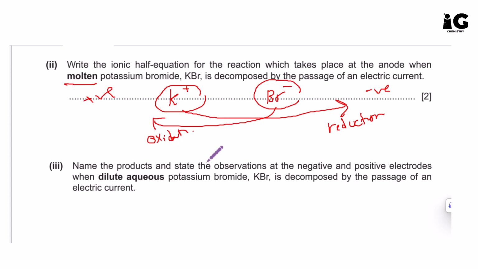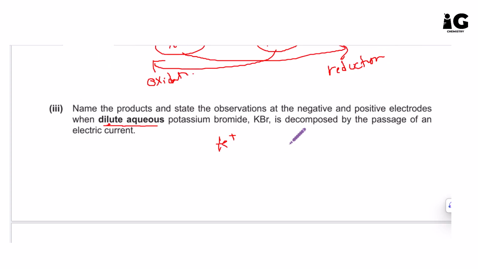Now the second one: name the products and state the observation at the negative and positive electrodes when dilute aqueous potassium bromide, KBr, is decomposed by the passage of an electric current. Here, guys, this is completely different. Same compound, KBr, so you have K+ and Br-.